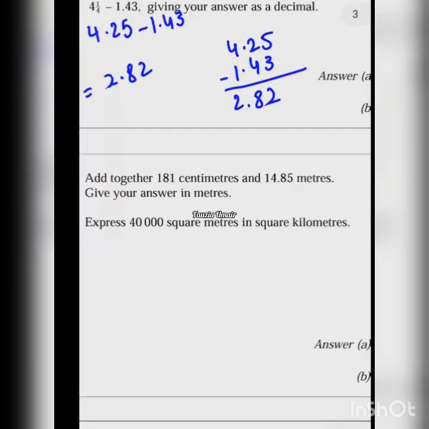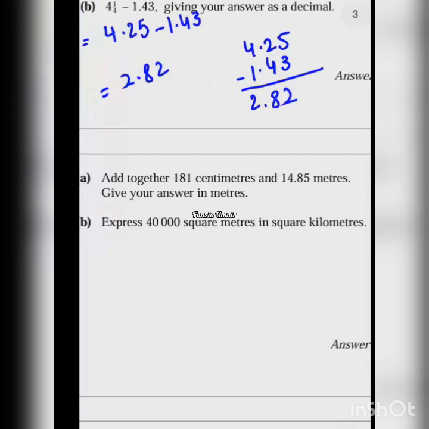So the next question is still a 1 mark question. It's not easy to score well in the paper. The question is, add together 181 centimeters and 14.85 meters. Give your answer in meters. So what to do? We can first change them into centimeters, then again into meters, because it's easier in just centimeters.